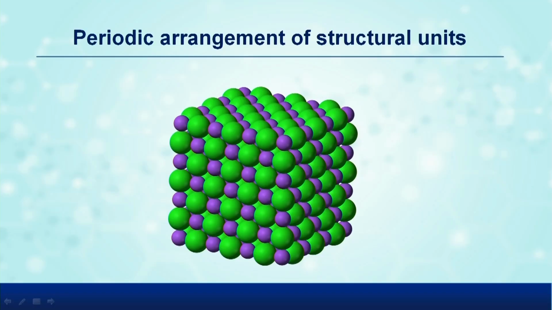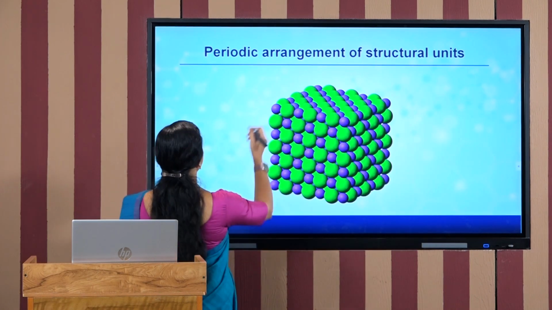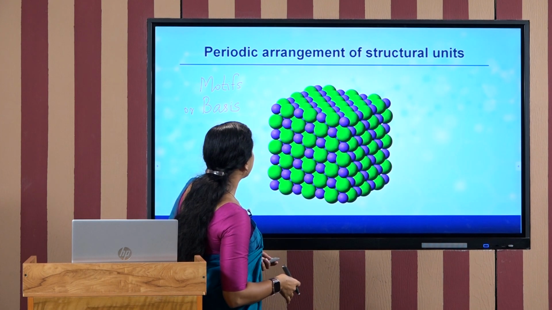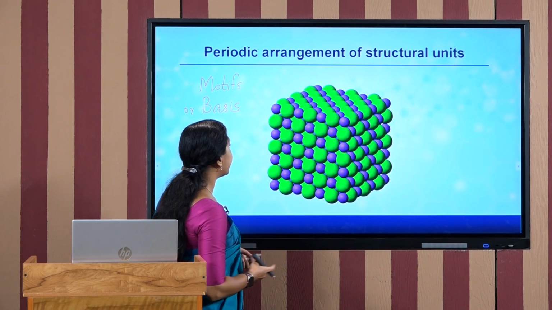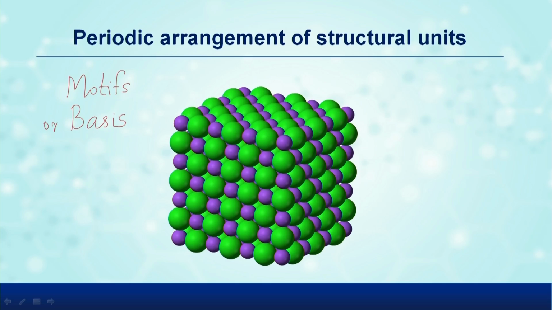We have seen that a crystalline solid is characterized by a regular repeating arrangement of its structural units, and these structural units we generally call motifs or bases. So, on the screen you can see a 3-dimensional crystalline structure of the sodium chloride crystal. You can see that there is a regular repeating arrangement of these structural units or motifs.